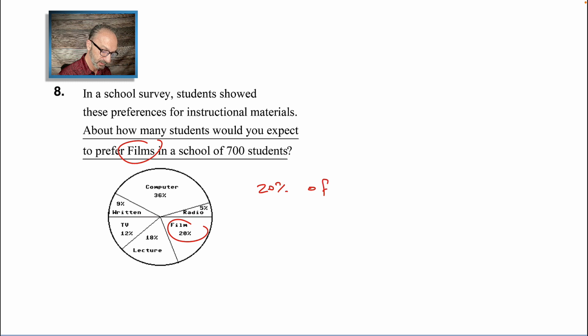of 700. 20% means 20 over 100. Of means times, and we have 700. Let's do this as over 1, so we could simplify. Divide by 100, divide by 100.